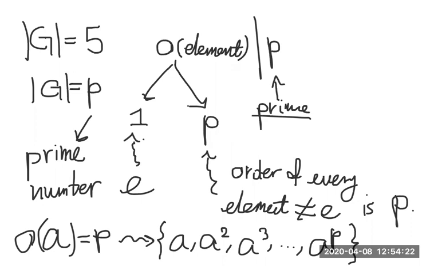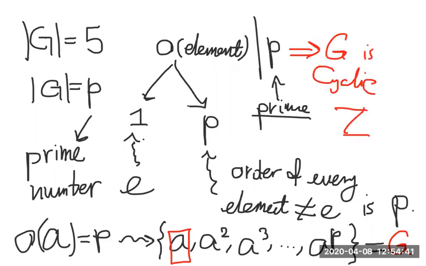So there are P of them. And G has P elements, so it has to be all of G. So we can generate G with just one element. So it means G is cyclic.